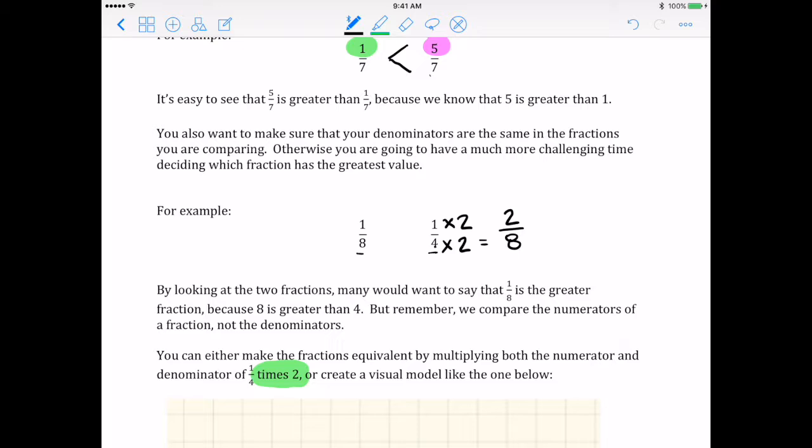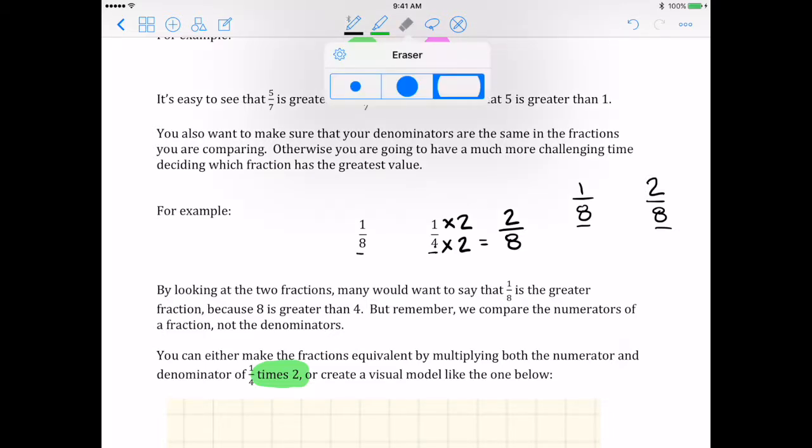Now, I can leave 1/8 the same because now I have 1/8 and 2/8. My denominators are now the same, and so I can compare these fractions. I'm going to erase my little line here.